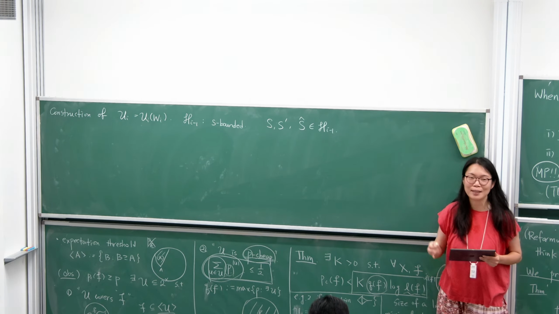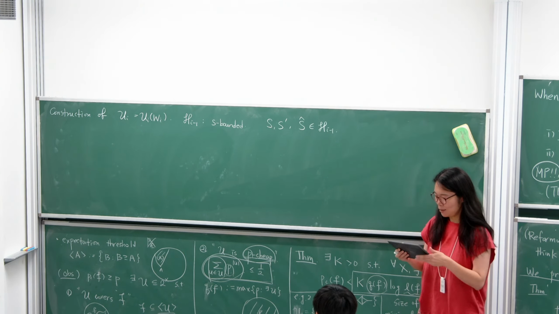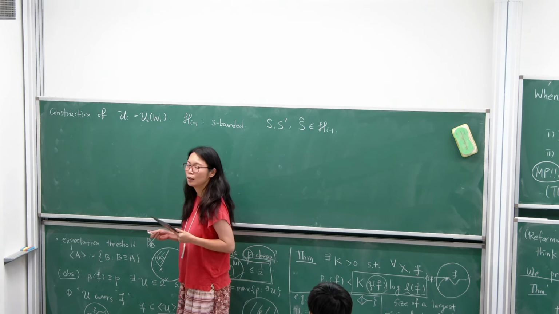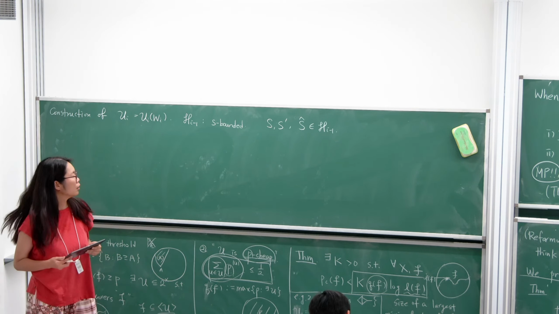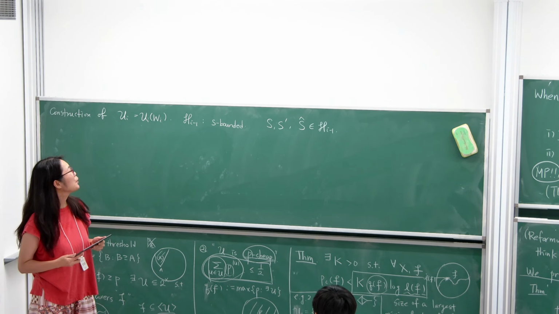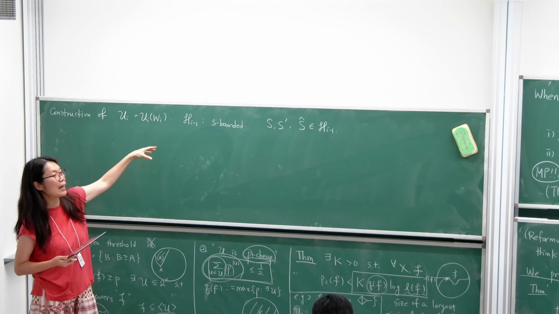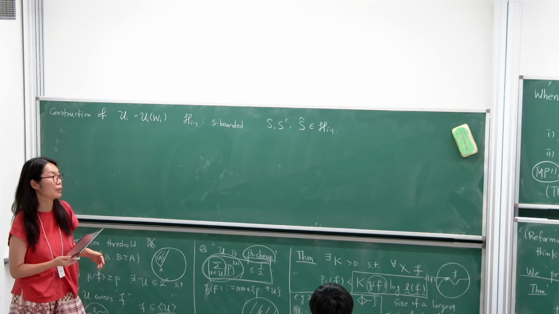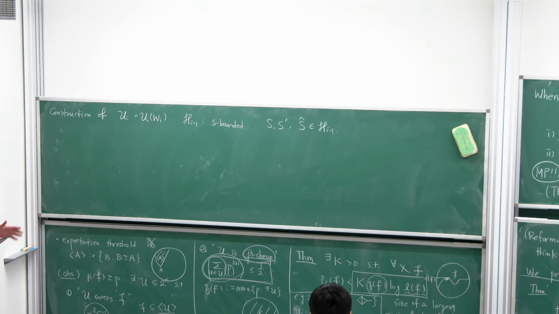So we always assume that S or its variant is a member in H_{i-1}. Why do you use small s instead of L? Because as we update our hypergraph, this boundedness changes. It decreases little by little. So we don't want to use L. So we just use this general letter.